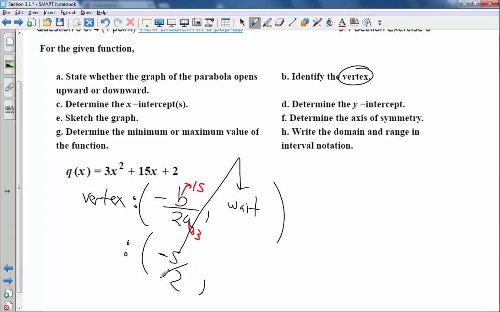If I know the x value of it, by entering it into the equation, I can get the y value. All you need to do is compute this by entering negative 5 over 2 into here. So 3 times negative 5 over 2 plus 15 negative 5 over 2 plus 2.